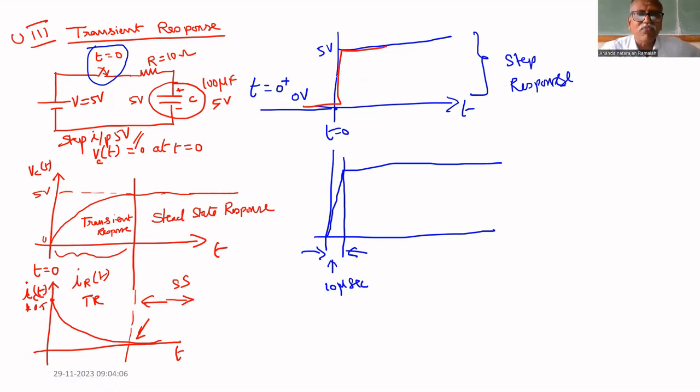So this step signal of 5 volt is applied to this circuit. For that, this is the response. There are two responses. One is voltage response. Another one is current response.